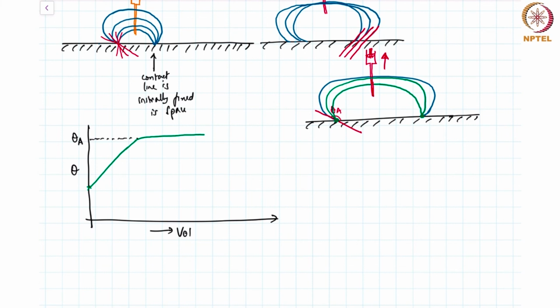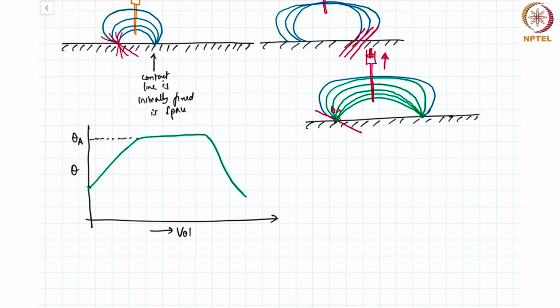So the angle basically keeps reducing, and it has now reached some lowest angle that is possible. Without the contact line moving, the angle continuously keeps reducing.